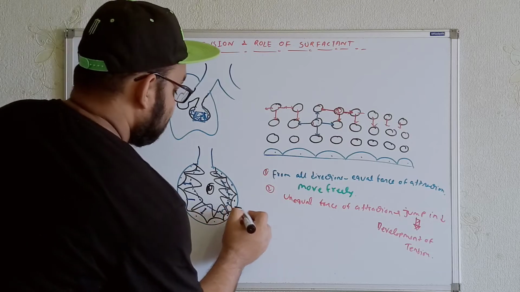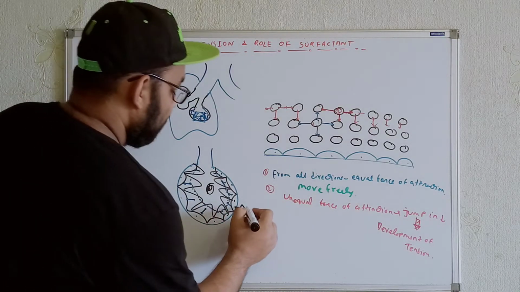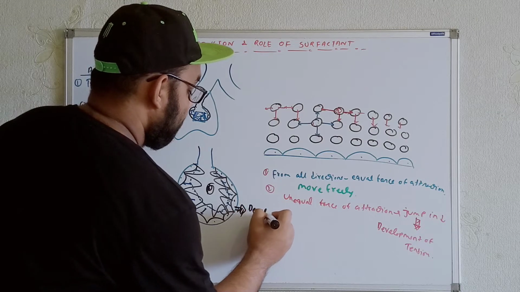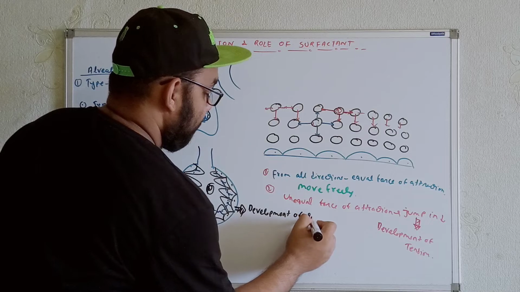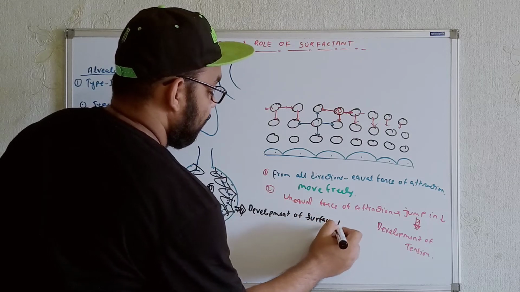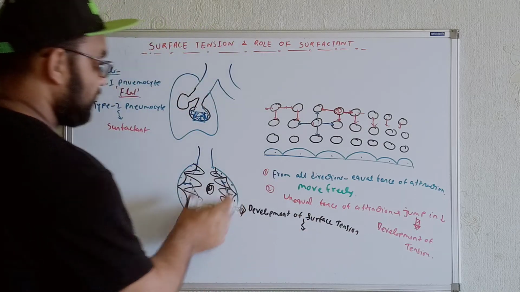So in a nutshell, the problem we will see over here is first the development of tension, development of surface tension, and then we see what? Shrinkage of the surface over here.